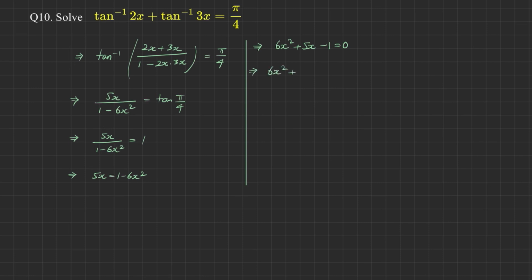So it will be 6x square plus 6x minus x minus 1 equals 0. So it implies 6x times (x plus 1) minus 1 times (x plus 1) equals 0. So this implies (x plus 1) times (6x minus 1) equals 0. So either x equals minus 1 or x equals 1 over 6. So these are the answers for question number 10.